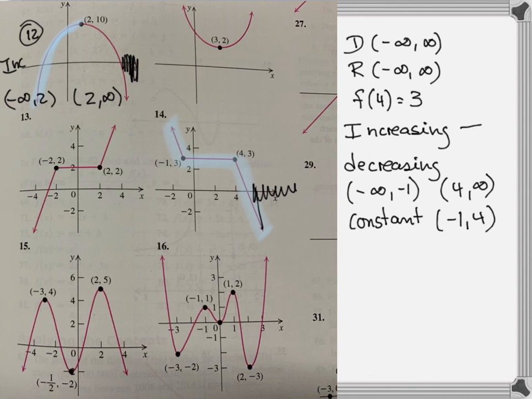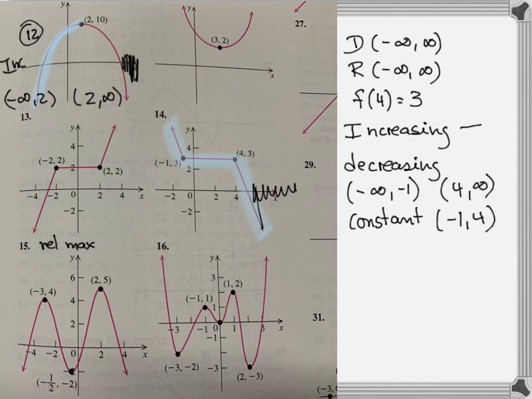Now, if you look at number 15, when we're talking about the relative minimum and maximum, we're usually looking at the y value. But I'm going to just tell you, just give me the ordered pair. If you look at number 15, where do we have a relative maximum?